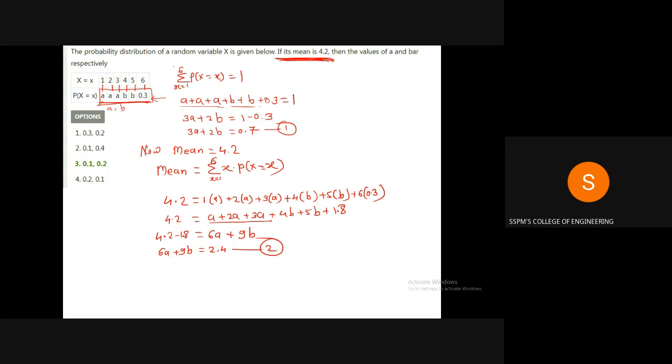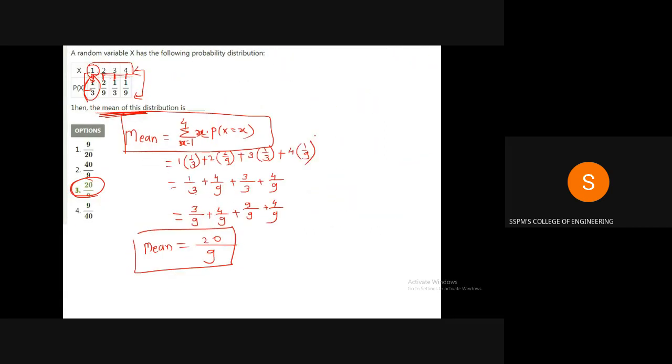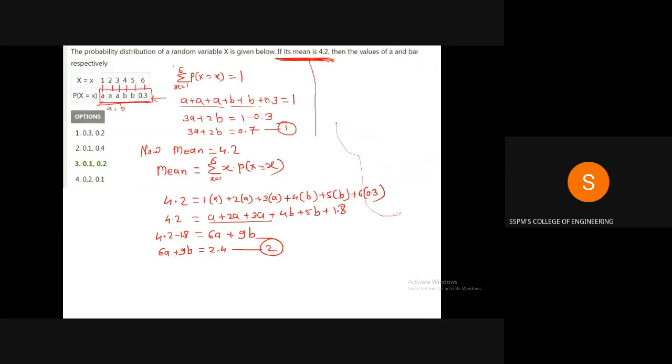Now we have two linear equations, which are like this: 3a plus 2b is equal to 0.7, and 6a plus 9b is equal to 2.4.